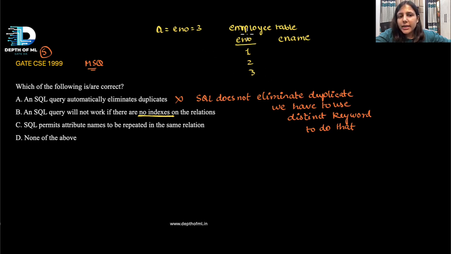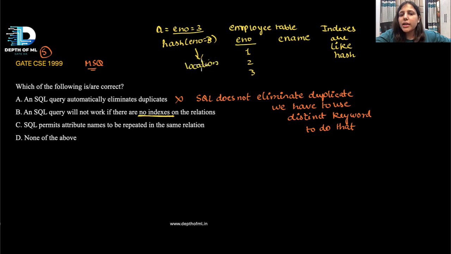But if I create an index, which is like a hash map, it is done for faster access of your queries. When I say e number 3, I can just run the hash function, and it will tell me the location where exactly that record is present, and I can access it directly.